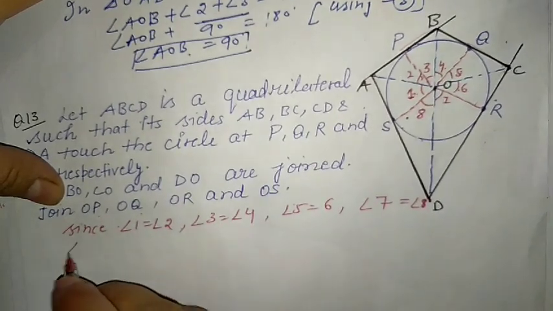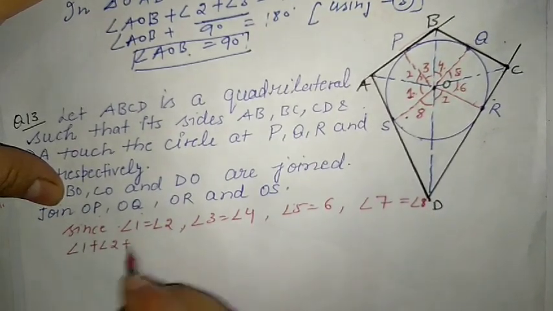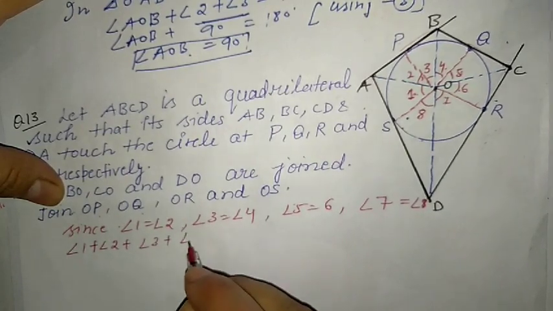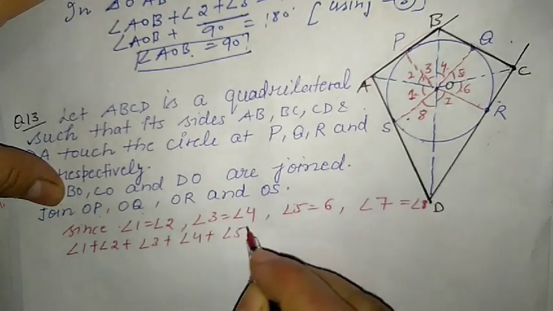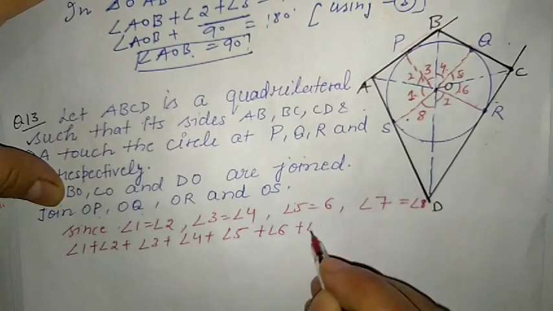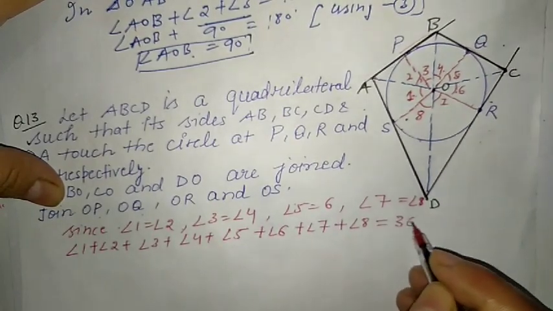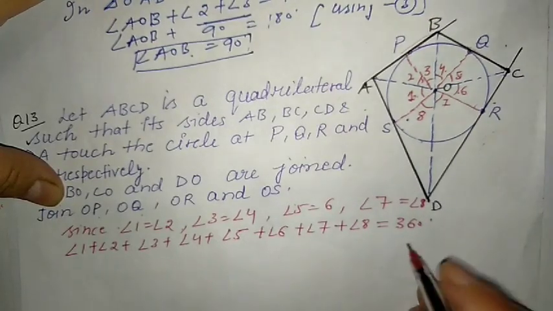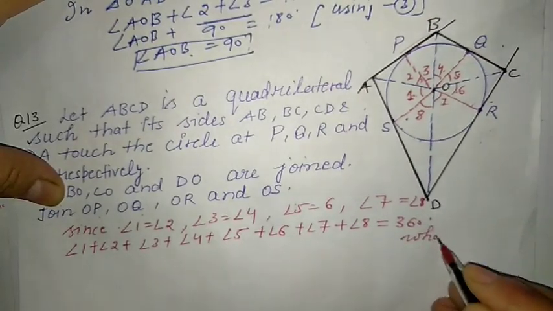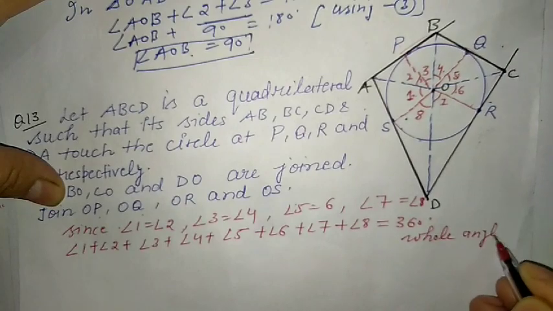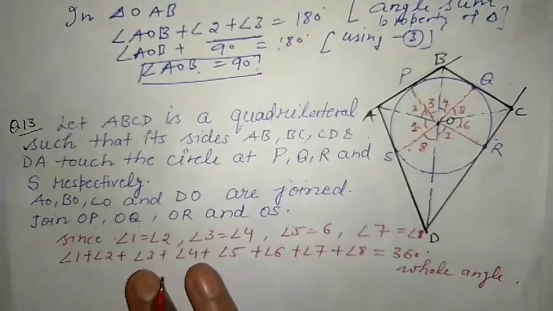So we can write here angle 1 plus angle 2 plus angle 3 plus angle 4 plus angle 5 plus angle 6 plus angle 7 plus angle 8 is equal to 360 degrees, the sum of all the angles. This is the whole angle.